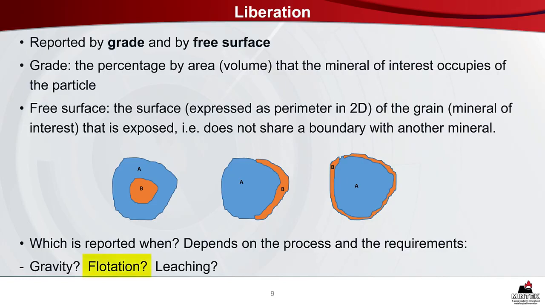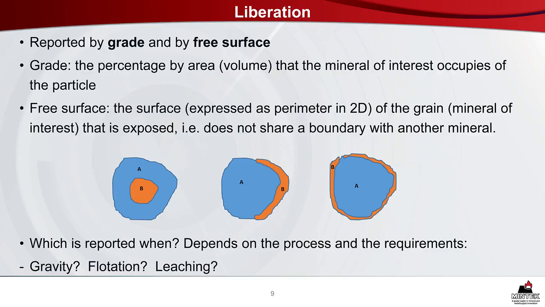However, if you're looking at a flotation process, you need to change the definition of what type of liberation you mean. And that's when we talk about liberation from the point of view of free surface. So now if you look at those same three particles and you say, I want to float mineral B, then you'd say on the first particle, it is completely locked, there's nothing liberated here.